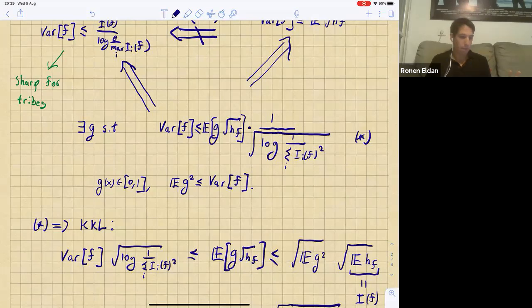And maybe let me say one more thing, just to give you an intuition regarding this sum of influences squared. If you think about monotone functions, this is just the first level Fourier energy of f.